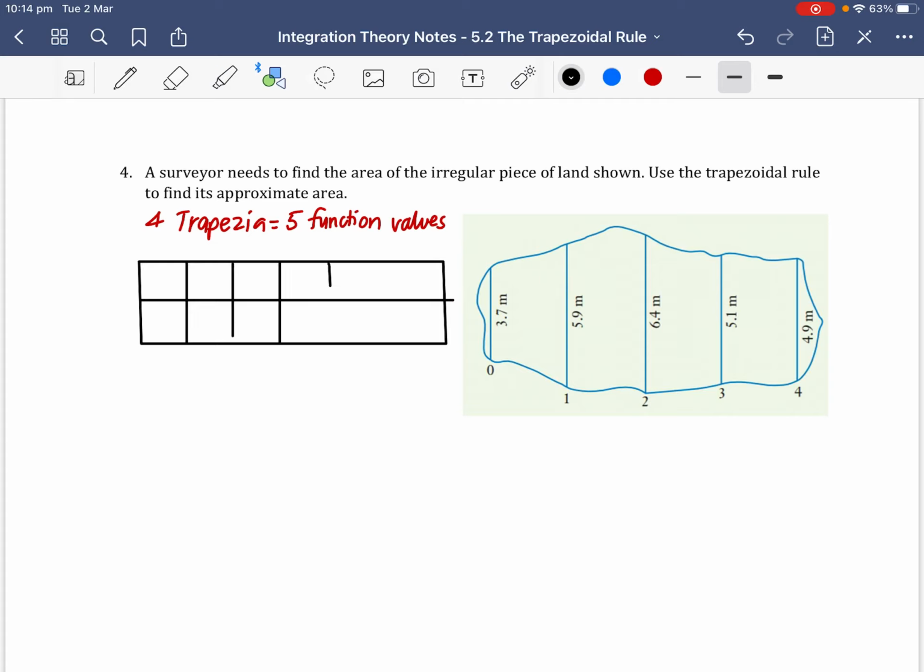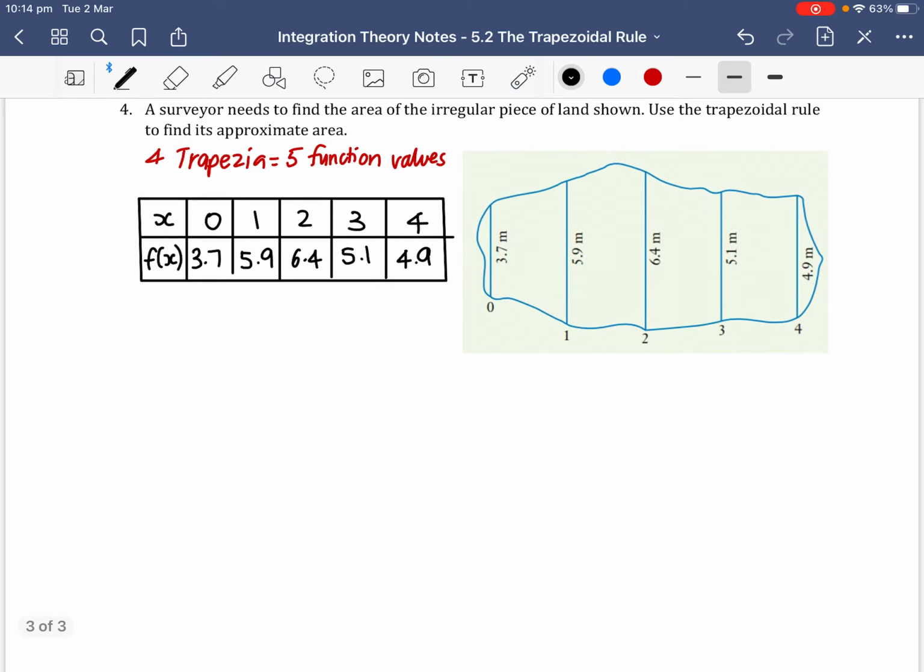So that will be x, f of x. And it will be 0, 1, 2, 3, 4 will be our numbers. Okay, and we have what our f of x match up to be, and they are our lengths there. So our 3.7 matches up with 0, 5.9 with 1, 6.4 with 2, 5.1 with 3, and 4.9 with 4.